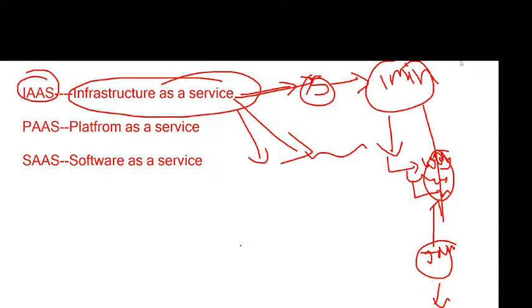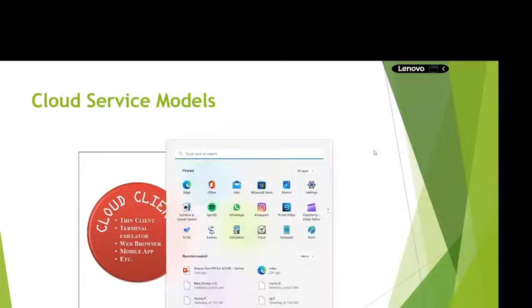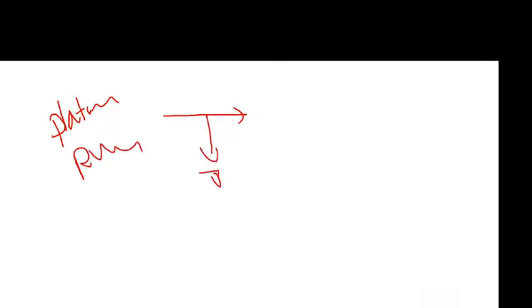Next, Platform as a Service. What is Platform as a Service? Any idea? The name itself describes it: they are providing the platform and runtime. For example, you have to deploy one Java application and the Java code is ready with you.